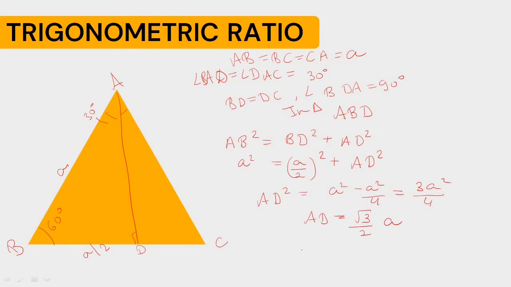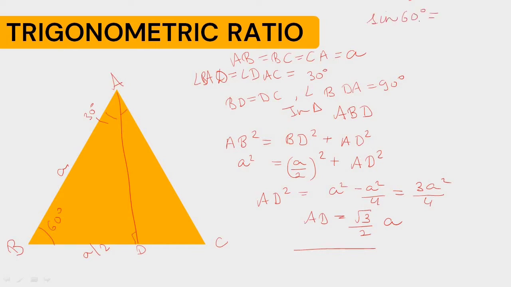Using this value of AD, and the values of AD, BD and AB, we can find the rest of the ratios. For example, we have to find the sine of 60 degrees.